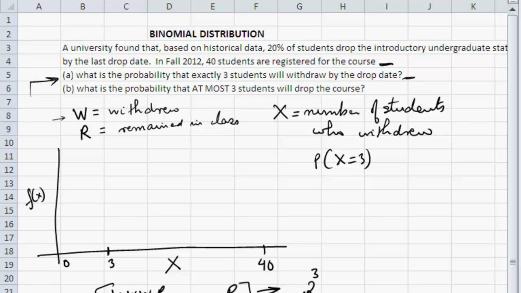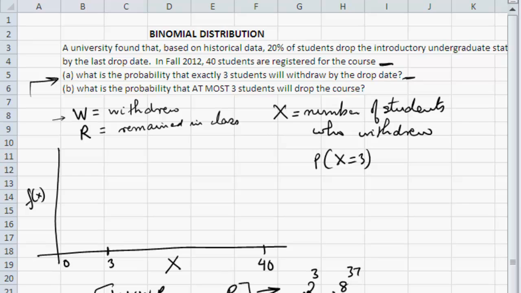So the likelihood of the first 3 students withdrawing, assuming their staying or withdrawing is independent of one another, is simply 0.2 to the 3. Followed by that, the probability of 37 students remaining in the class is simply 0.8 to the 37, by the same logic.